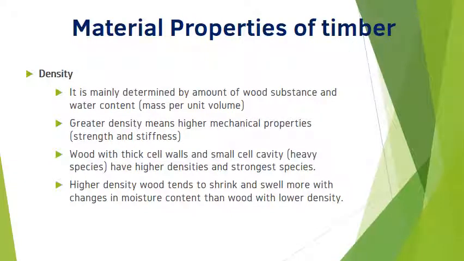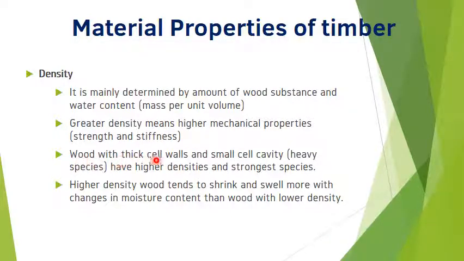Let's look at the material properties of timber. We look first at the density. It is mainly determined by the amount of wood substance per water content. So we measure it by mass per unit volume. Greater density means good mechanical properties in terms of strength and stiffness.